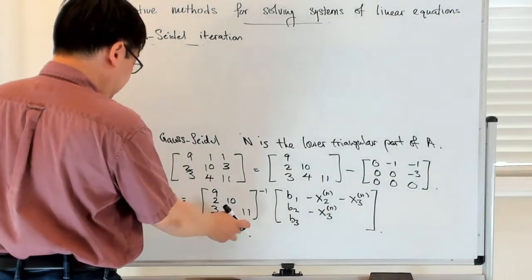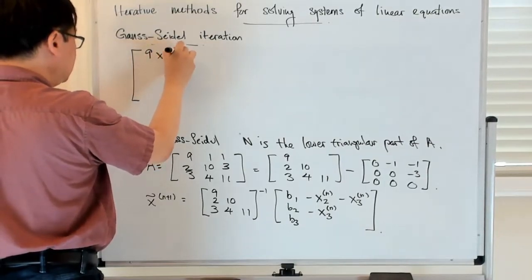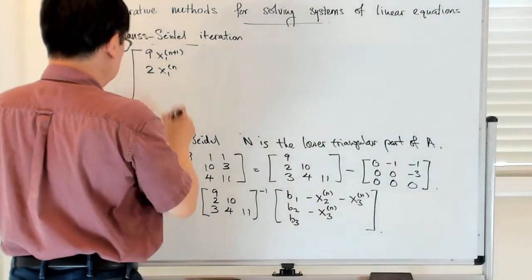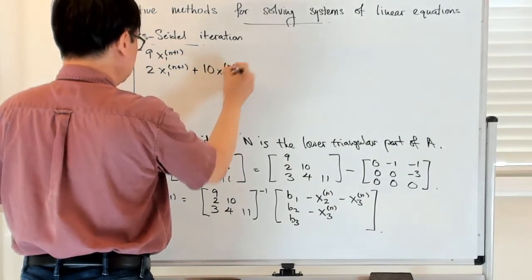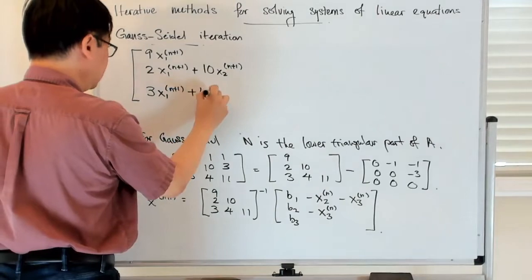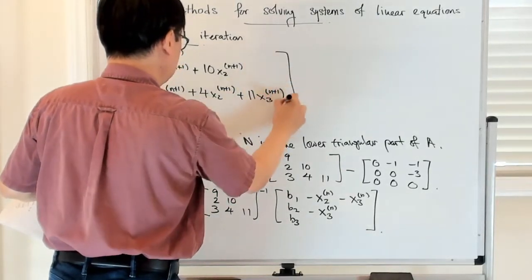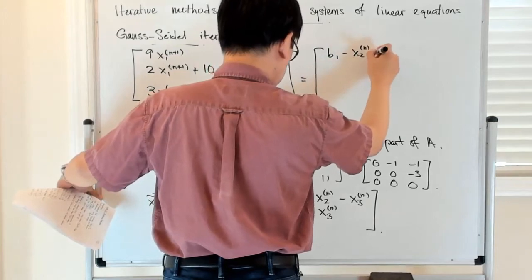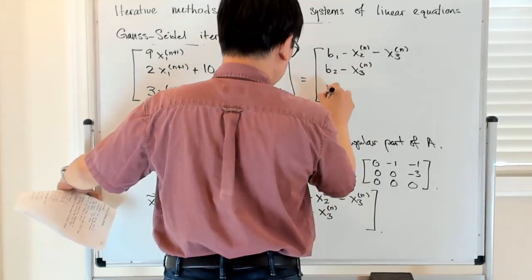I'm going to move this to the left hand side, and I get the following: 9x1_{n+1}, 2x1_{n+1} plus 10x2_{n+1}, and then 3x1_{n+1} plus 4x2_{n+1} plus 11x3_{n+1}, is equal to b1 minus x2_n minus x3_n, b2 minus x3_n, and b3.